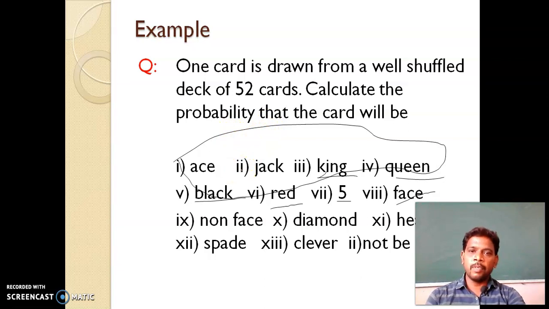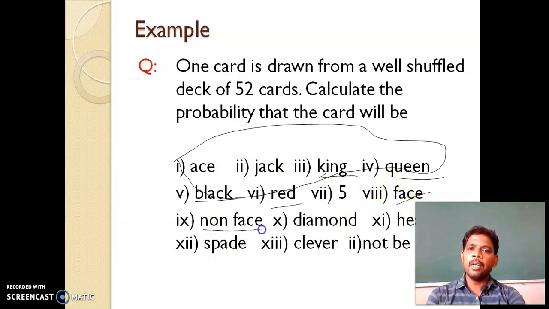In each variety, for example diamond, spade, club, and heart, 4 cards are face cards. Totally how many cards? 4 into 4, 16. So the answer is 16 by 52. That is the answer for the 8th one, face cards.